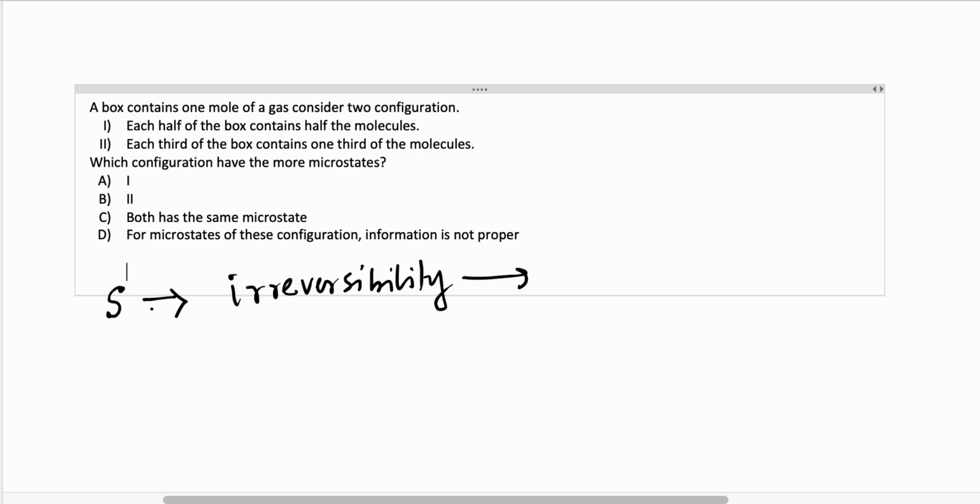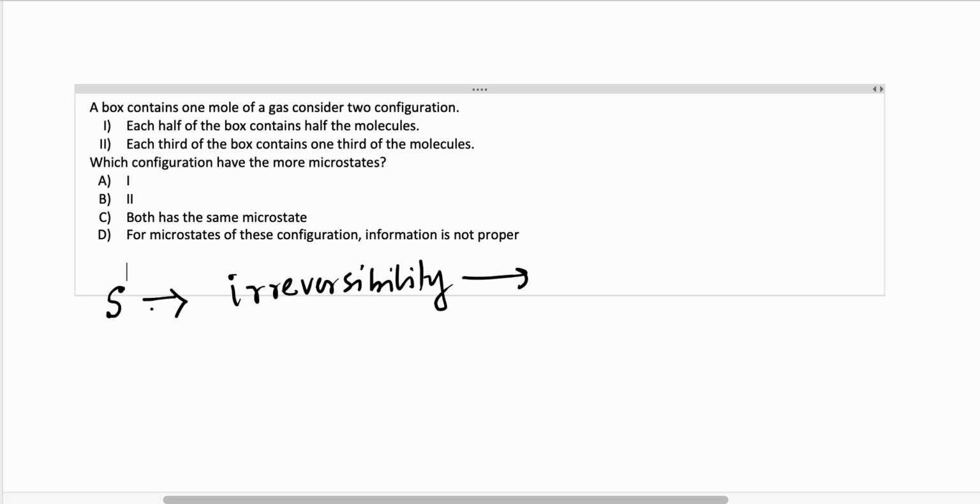Once they are homogeneously mixed, you can't really separate these two gases again. So every mixing, meaning diffusion, is a natural process.